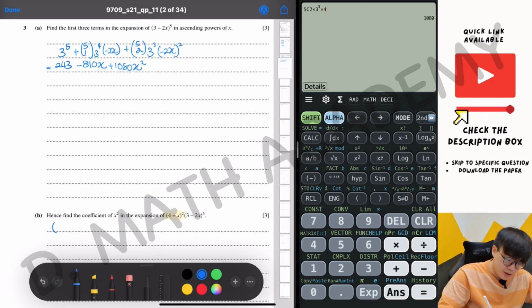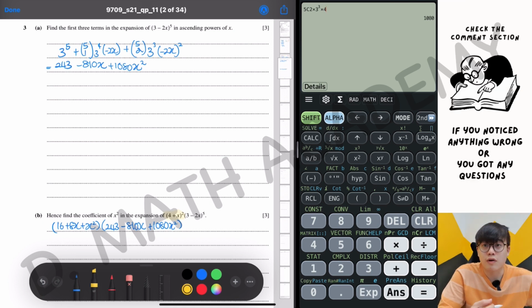So as I expand the brackets, you actually get 16 plus 8x plus x squared, and also our 243 minus 810x plus 1080x squared. You have to find the correct combination that multiplies together to get x squared here.